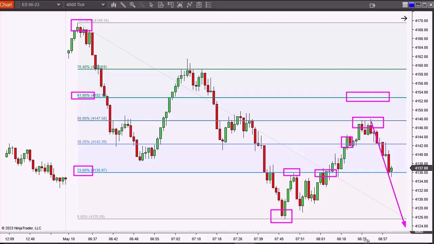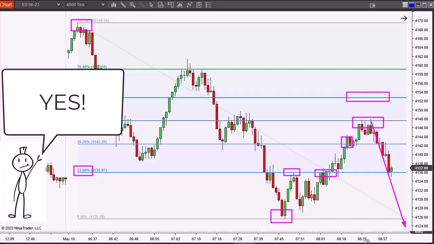Then it became a self-fulfilling prophecy: once some people saw that some of these levels are working, sometimes it must work. The more people used it for entries, exits, and taking profits, the more self-fulfilling it became. But did it ever actually work mathematically? That's the controversy, my friends, and the answer is no.